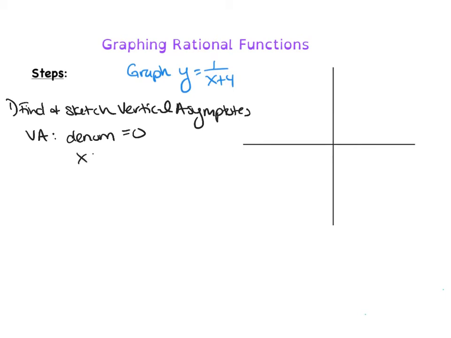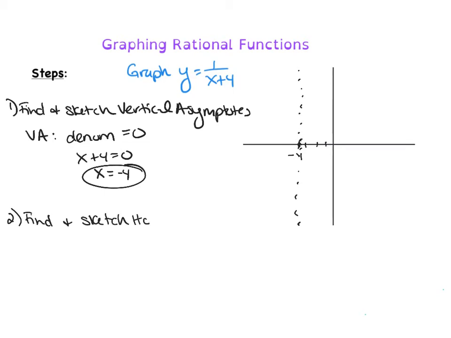So in this case, that's when x plus 4 equals 0. So our vertical asymptote would be at x equals negative 4. So I'm going to draw that in. 1, 2, 3, 4. And as best I can, I'm going to draw a vertical line that goes right through x equals negative 4.